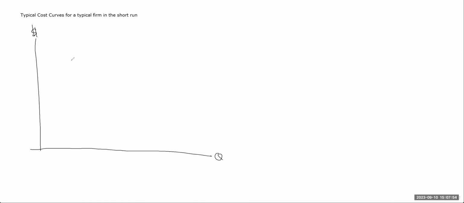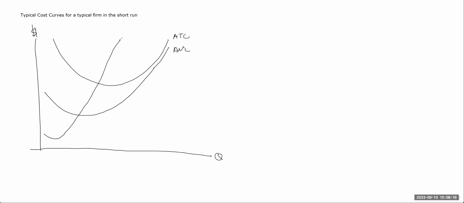All right, so what do these firms look like? 2 U's and a J. Average total cost. Average variable cost. And a J, marginal cost.